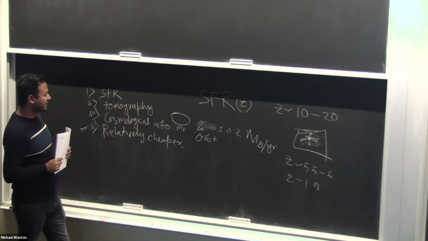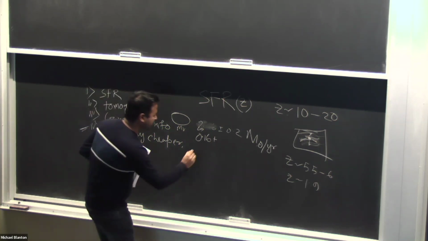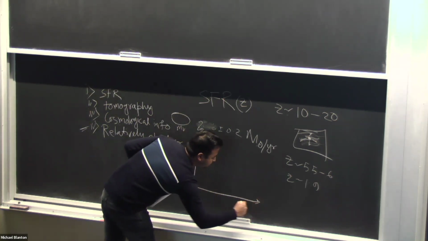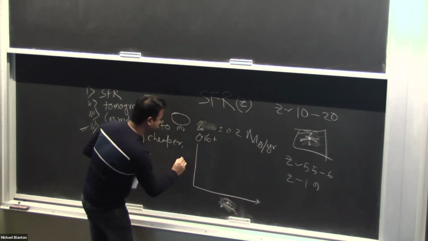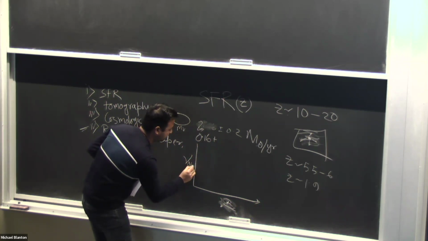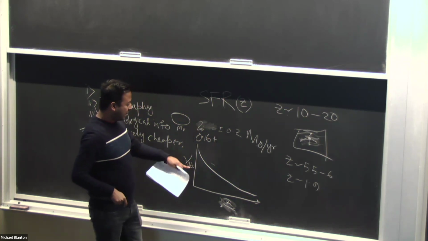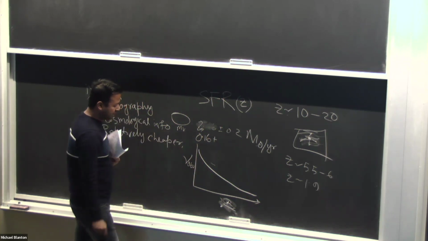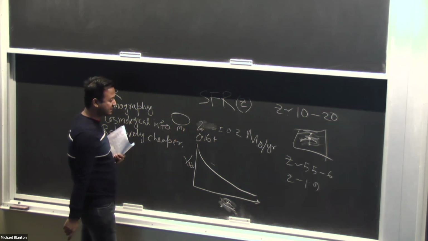Now, the second thing is, how does it help to do tomography? For example, if I plot nu observation, here I can change redshift. For a particular line, nu observation is nu rest frequency divided by 1 plus z.